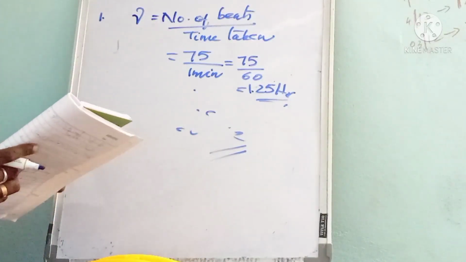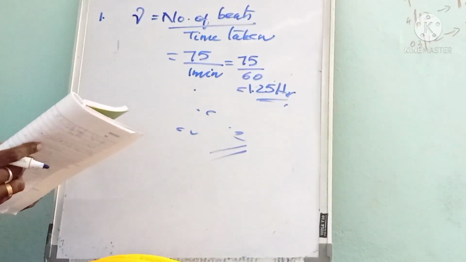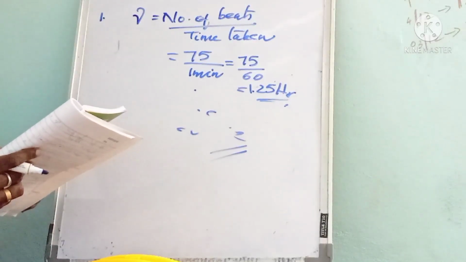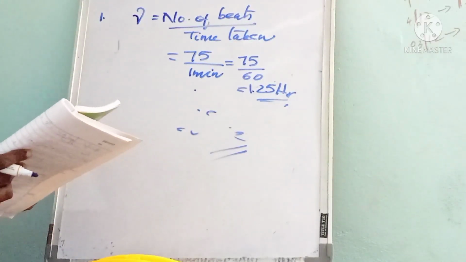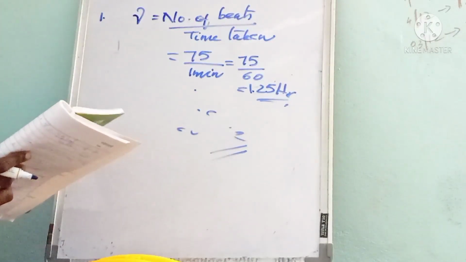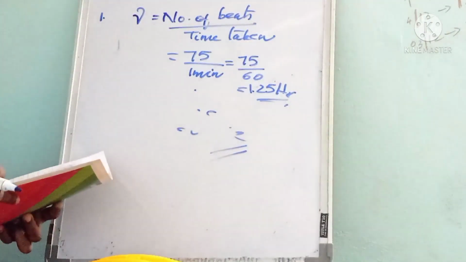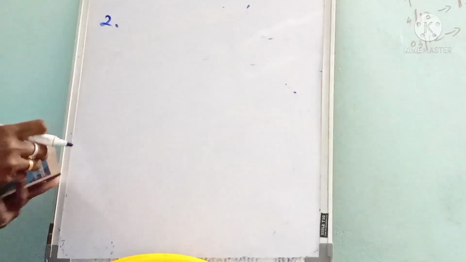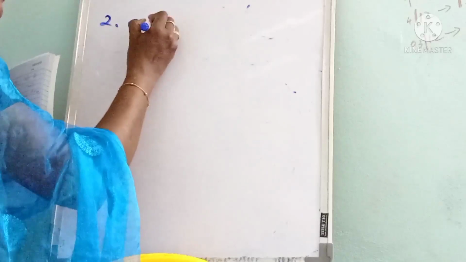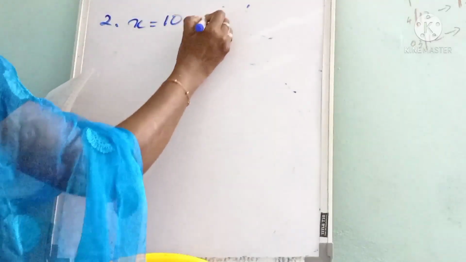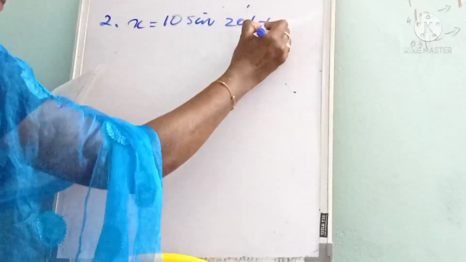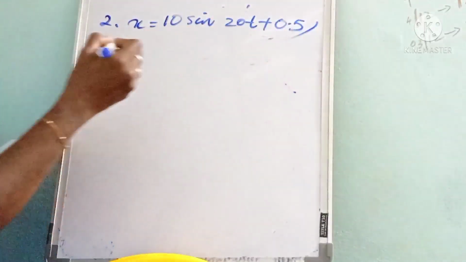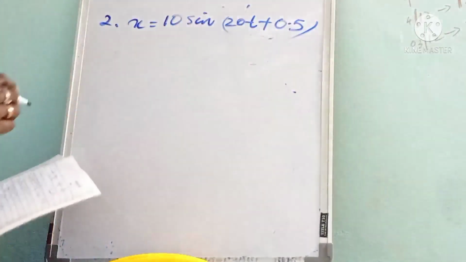Write down its amplitude, angular frequency, time period and the initial phase, if displacement is measured in meters and time is in seconds.